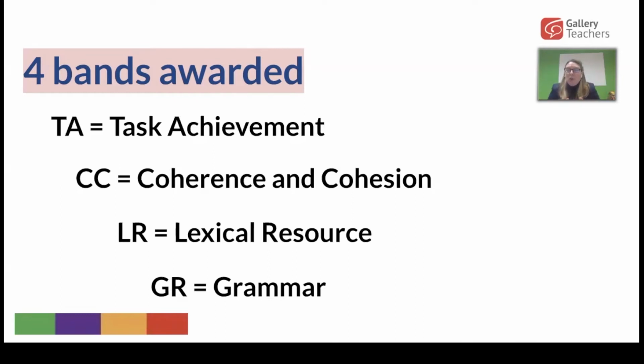Does it flow? Does it have linking words? Does it have relative clauses? Okay. LR is vocabulary. Do they use appropriate vocabulary? Do they use a range of vocabulary? Is their spelling correct? And finally, GR, grammar. So this is, again, a combination of accuracy and range of grammar.